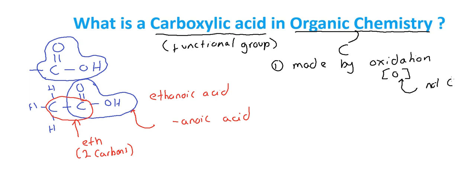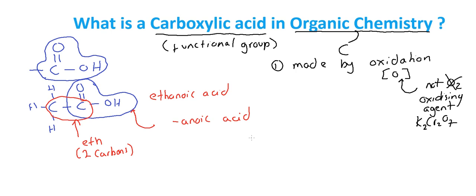It's not O2, but it's an oxidizing agent, which is something that helps the particular compound become oxidized. And the oxidizing agent that you need to know is potassium dichromate, which is K2Cr2O7.